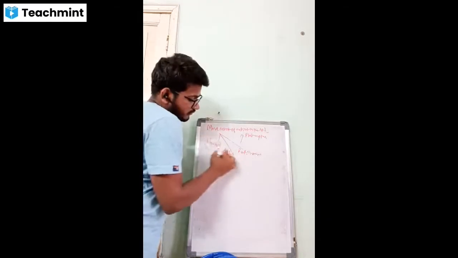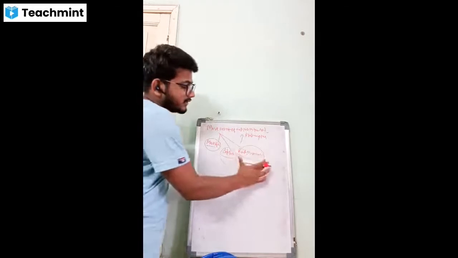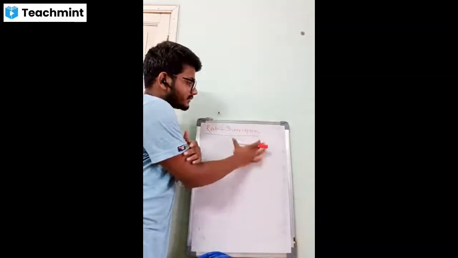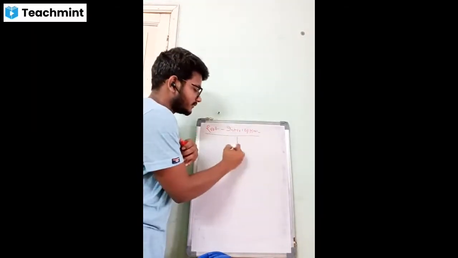Okay, mass flow, diffusion, root interception. First we'll discuss what root interception is. Interception is a process, to intercept.